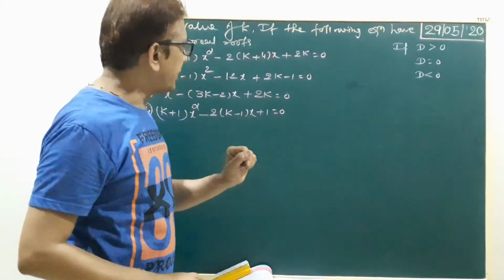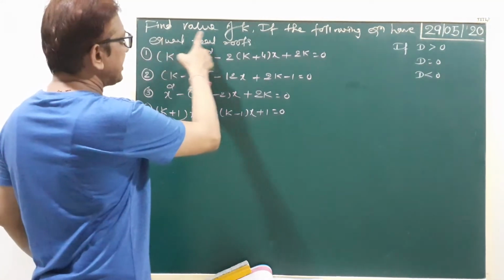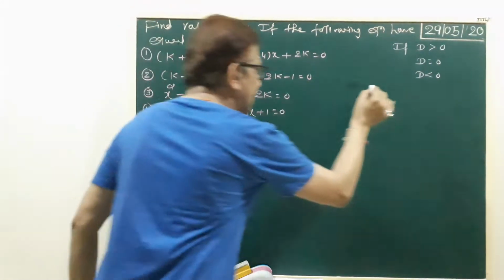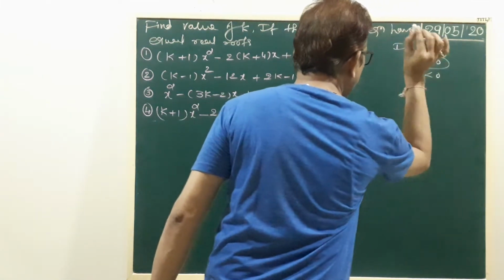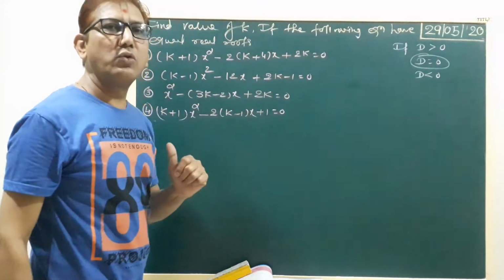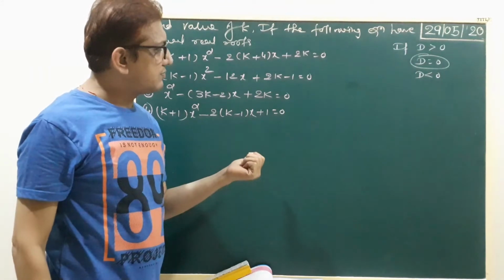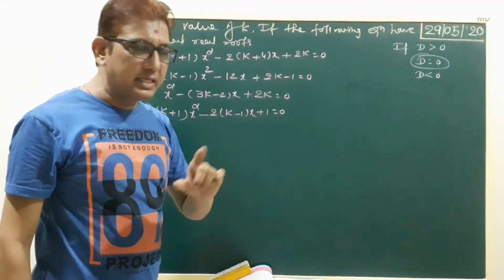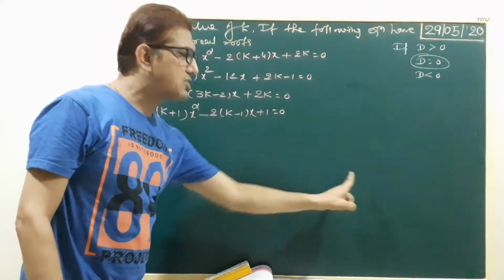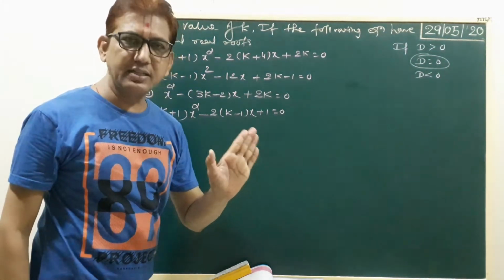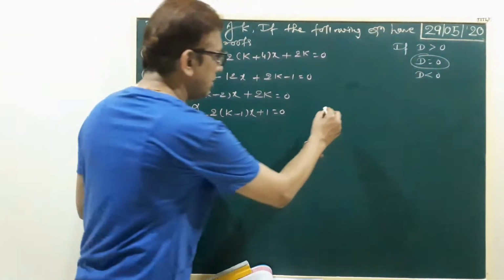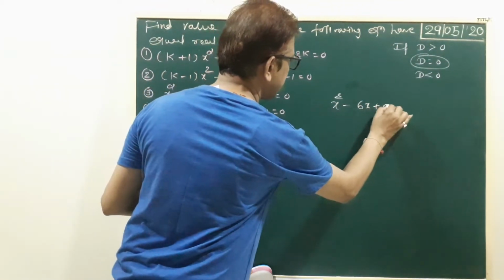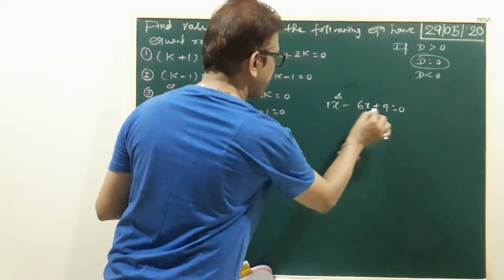Clear? Here our question: find the value of k if the following equation has equal roots. Equal roots are possible when D equals 0. Give an example. Suppose x square minus 6x plus 9 equals 0. This is a perfect square form.